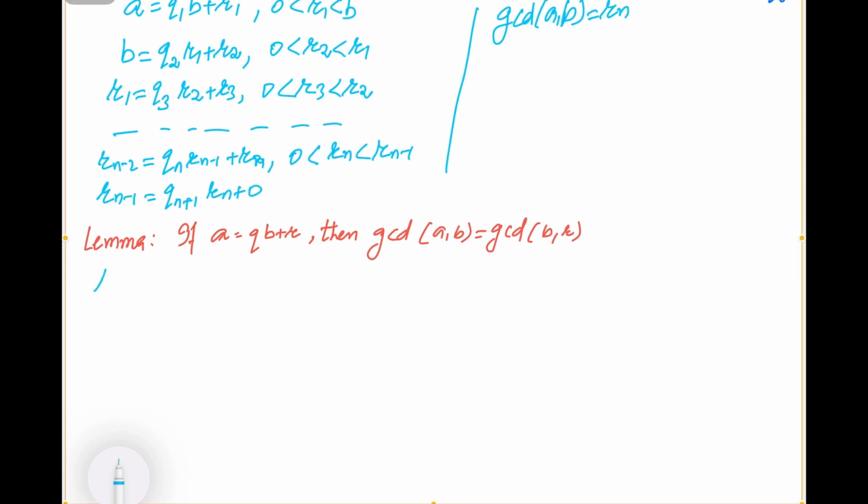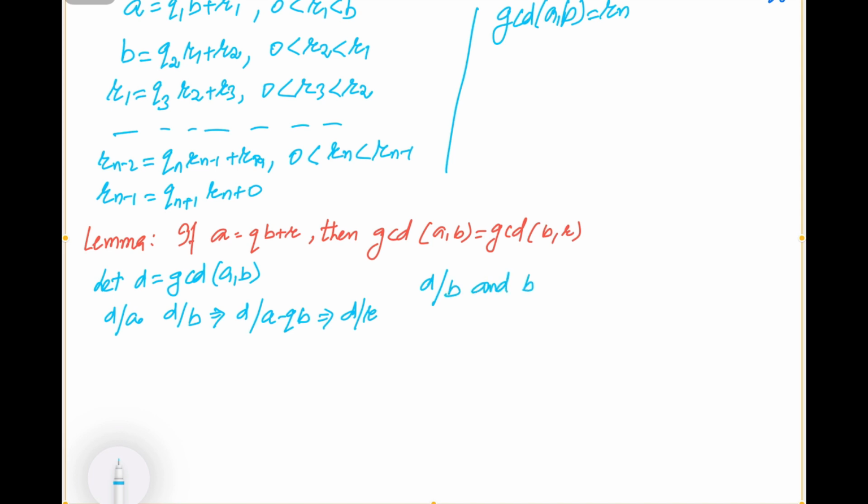Let D be the GCD of A and B, and by definition of GCD, D divides A, D divides B, D divides A minus QB, which implies D divides R. So we get D is a common divisor of B and R.